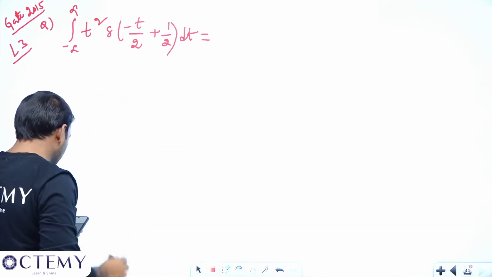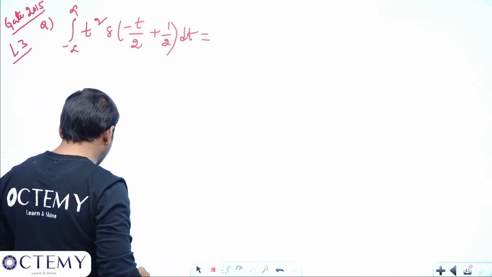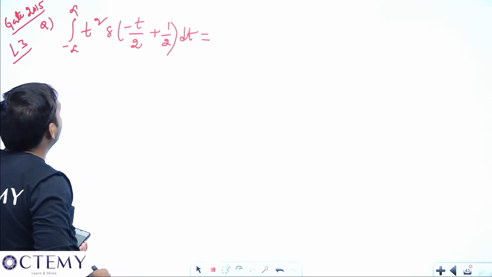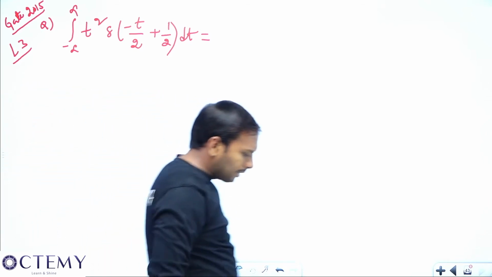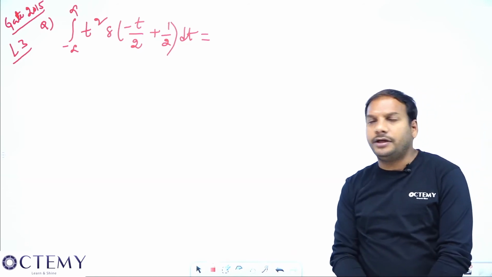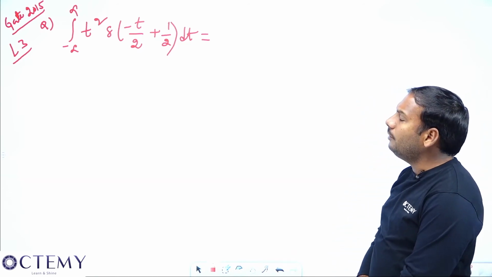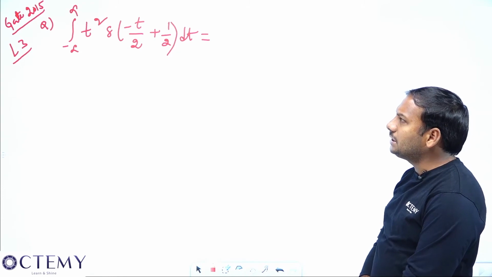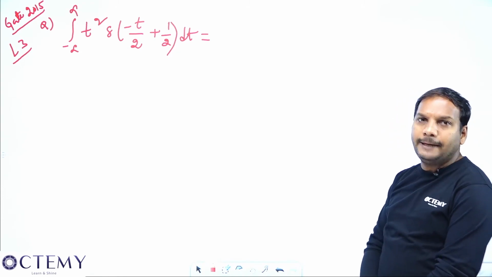So this is the logic you have to solve for this question. This is also a complex problem or level 3 problem. You got this in GATE 2015. So t square del of minus t by 2 plus half dt.